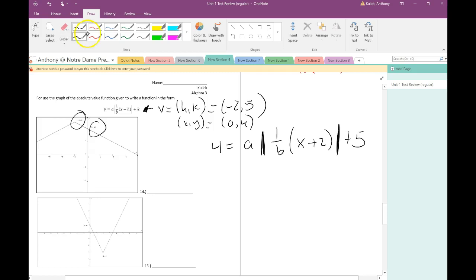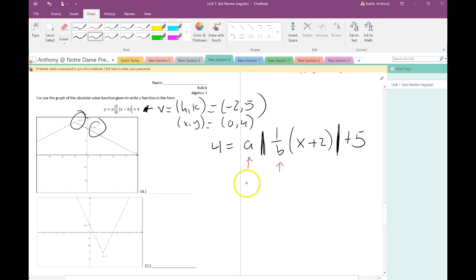Notice, though, I still have a problem because I still have two unknowns. I have an A and a B, right? We talked about in class how for an absolute value function, every vertical stretch could be represented as a horizontal stretch or shrink and vice versa. So what I can do is just fix either the A value or the B value as 1 and just solve the other one.